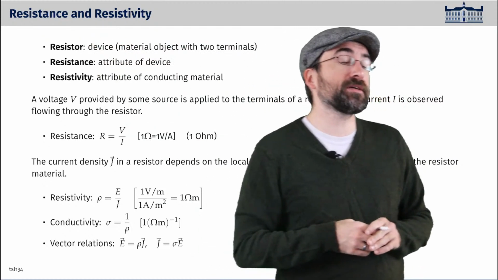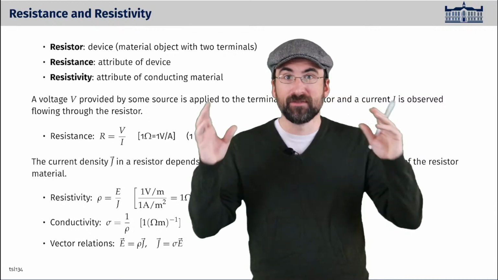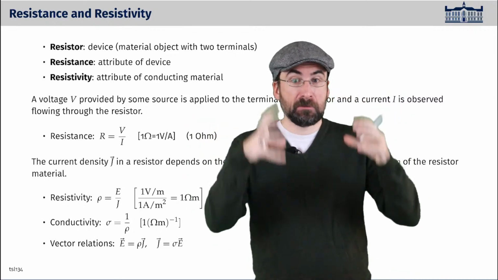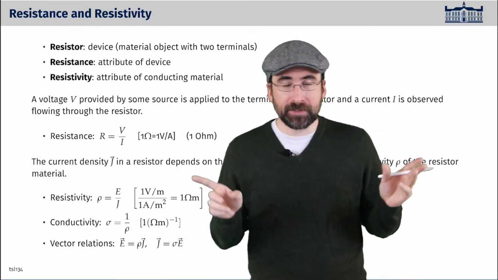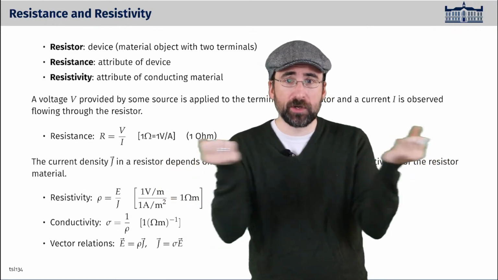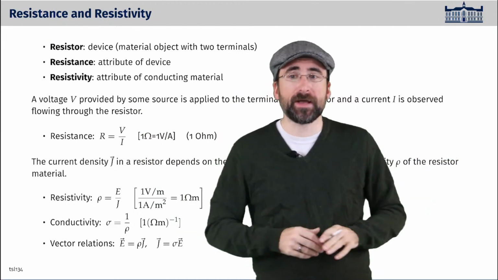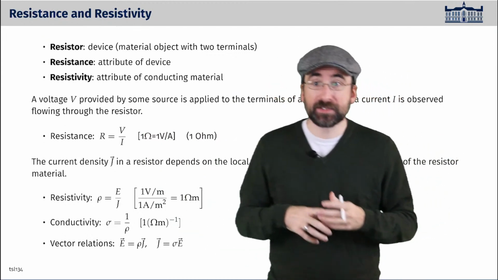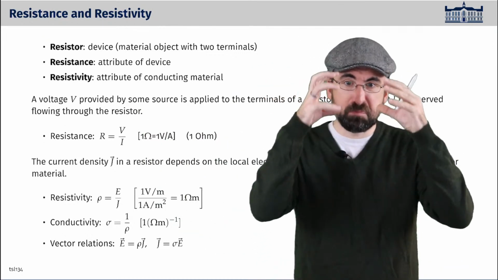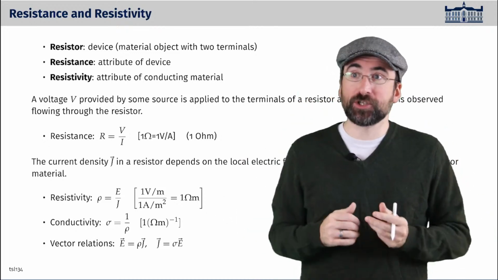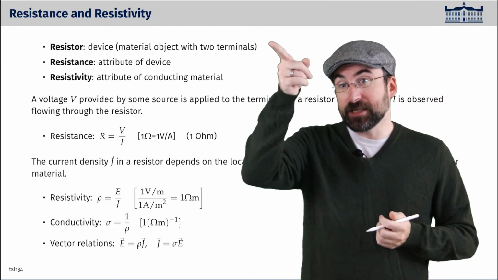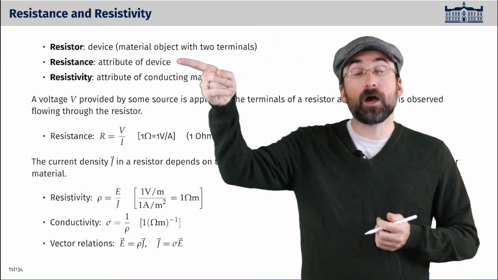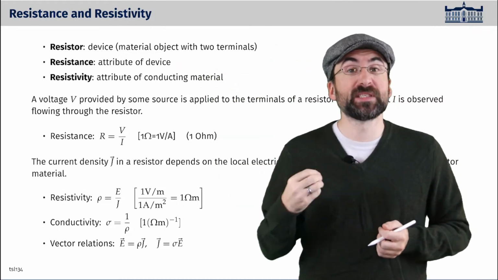Now, a resistor is an incredibly simple device. It is just a block of conducting material. It has two ends, so it has two terminals, so the wires will stick out both ends of this device. But otherwise, it is just a block of material that charge can flow through. Now, this device, the resistor, has a property called the resistance.